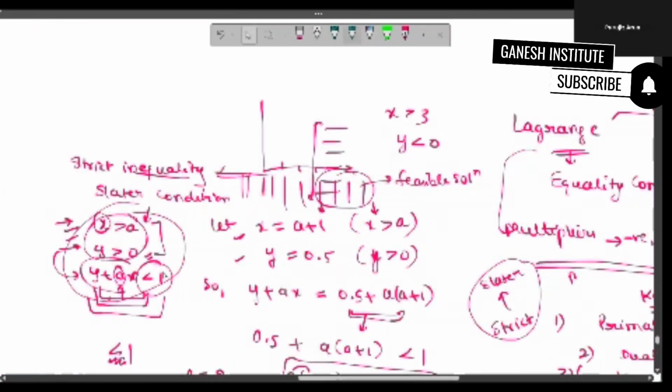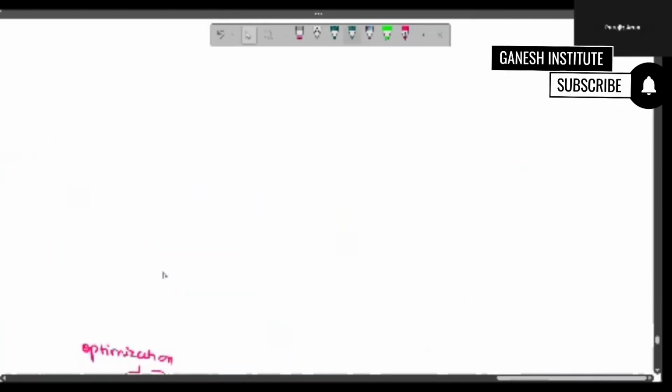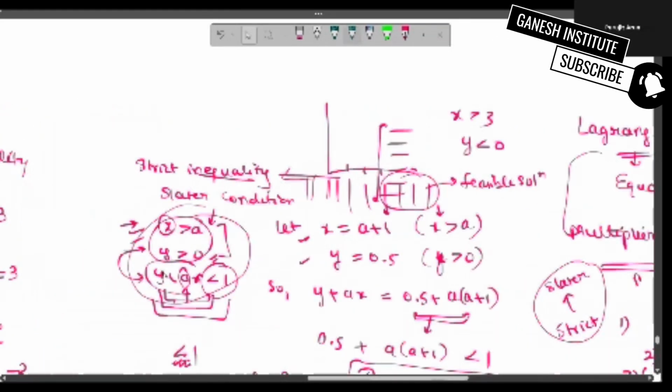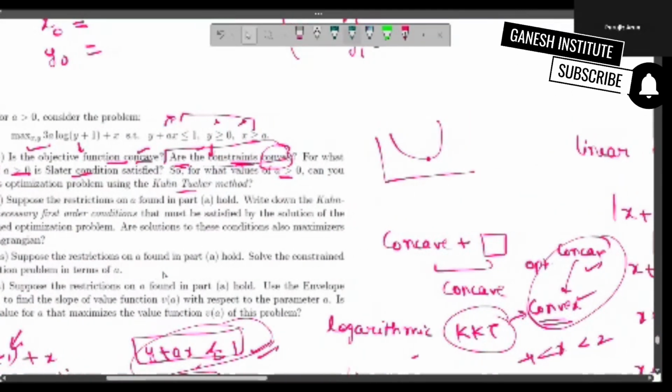Let's start. So first up, what we are supposed to do, my function, that is the most important thing, is 3a log(y plus 1) plus x.